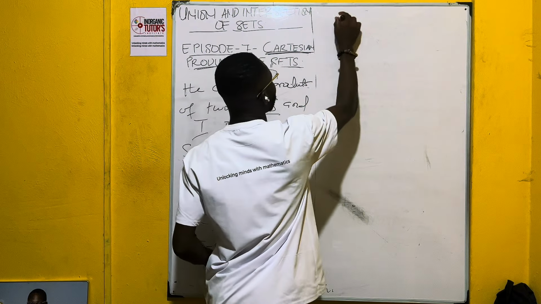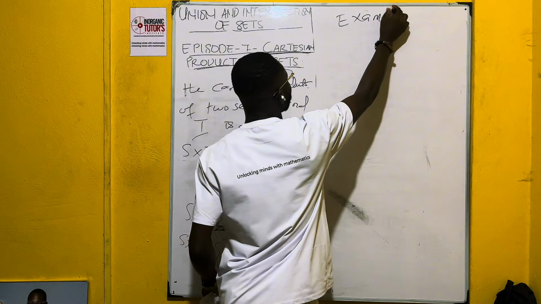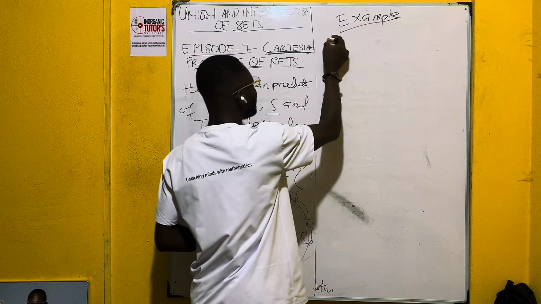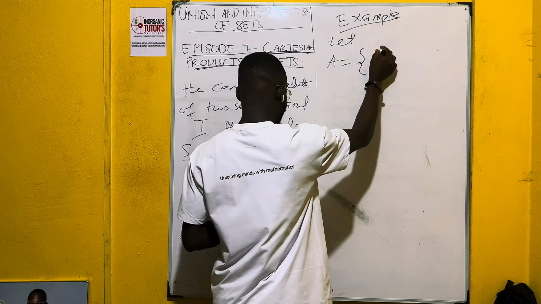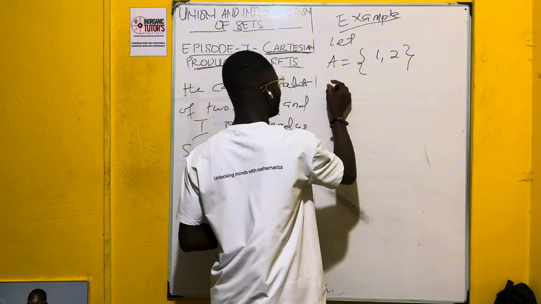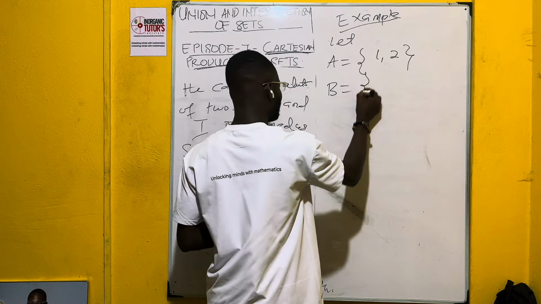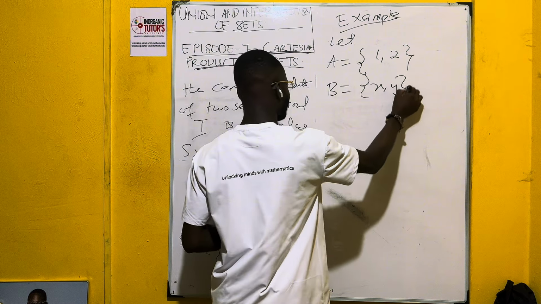So, example. Let's say that A is equal to {1, 2} and B is equal to {X, Y}.